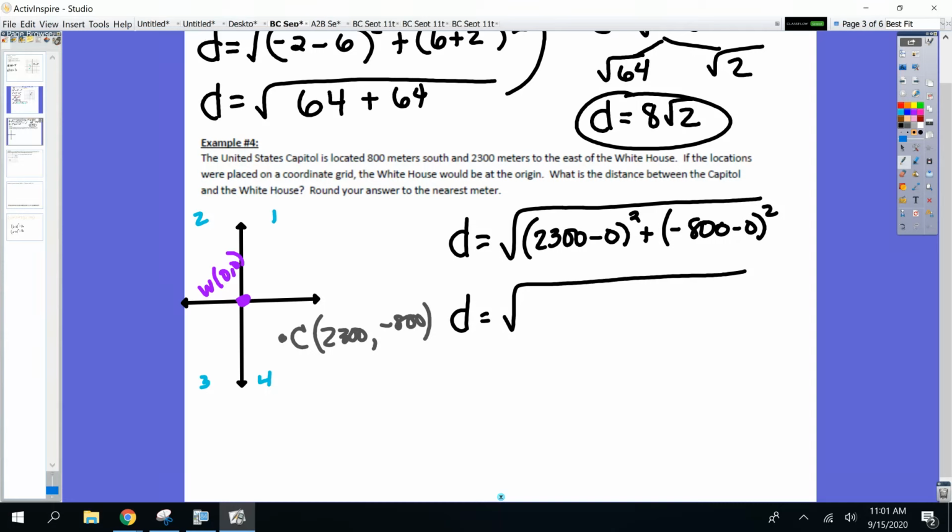And then you can round here, so not simplest radical form. You can actually use the calculator here. The numbers are pretty large, so I'm not going to have you break it down.